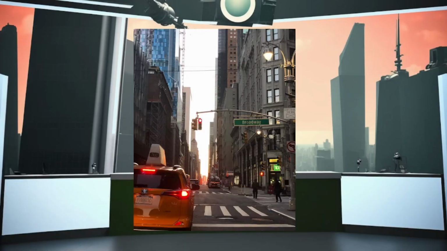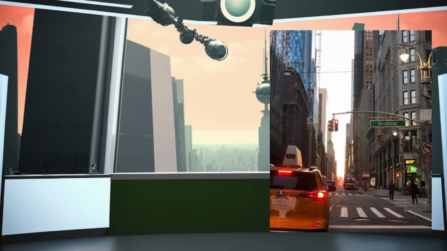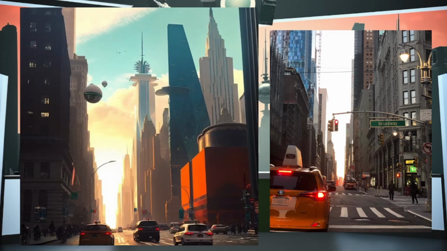Number 7. Another photo that I took, another day downtown. You already know that I love the future, and I always feel like New York City would look like the greatest city in the future, right? So let's play around with that idea, and I brought that to life with this.